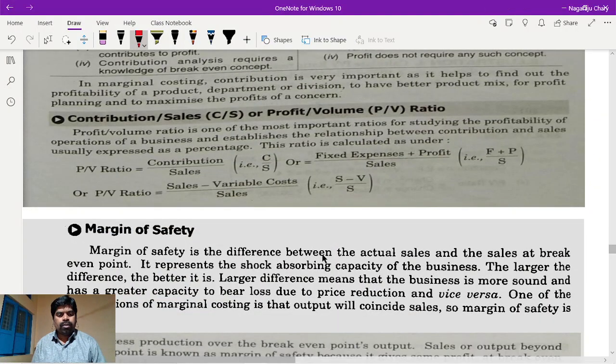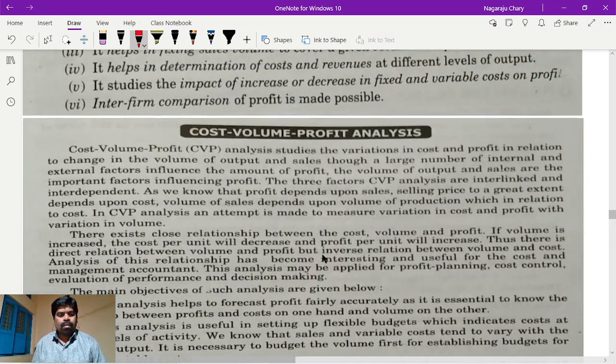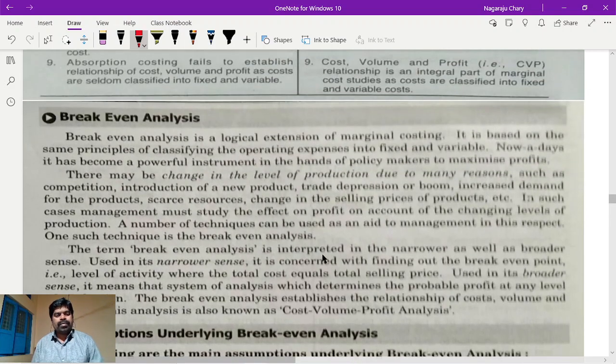So we are going to continue this video lesson. These are the topics. Let us see from break-even analysis. Generally, break-even analysis is a logical extension of marginal costing. It is based on the same principles of classifying the operating expenses into fixed and variable.